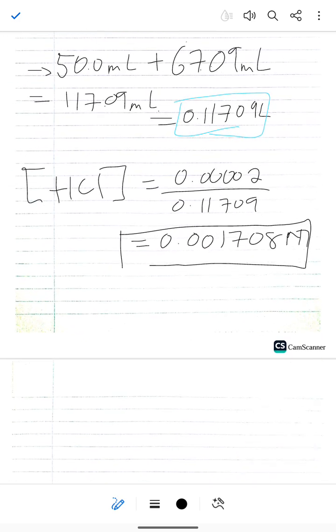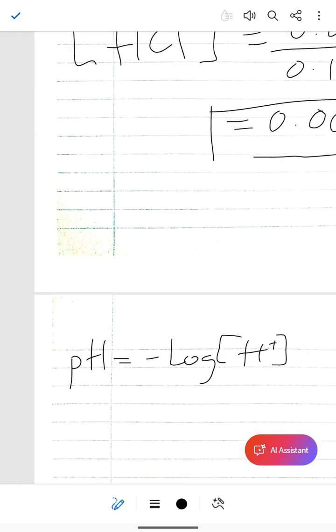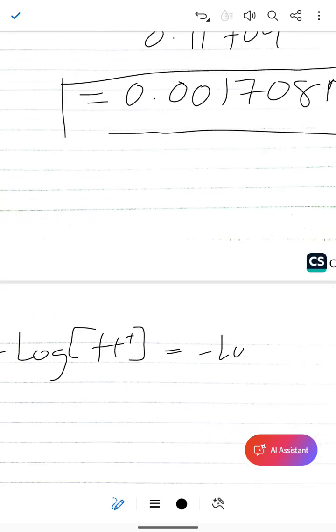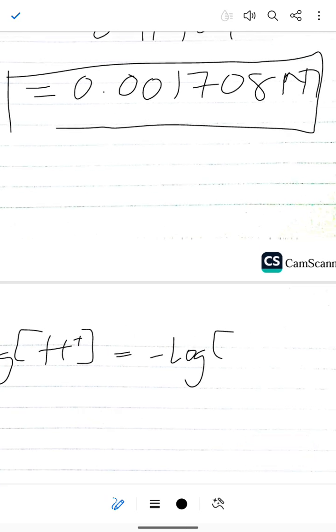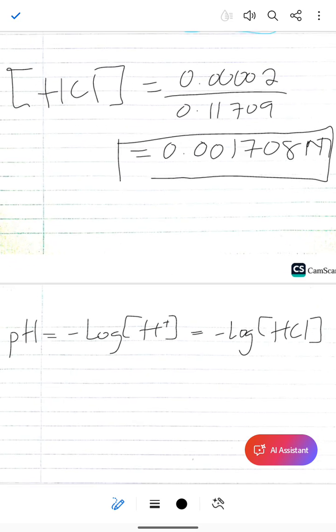Now I'm going to do it. Now remember that pH is equal to negative log concentration of H plus, right? And then this equals negative log HCl. So I can put this concentration in my formula.